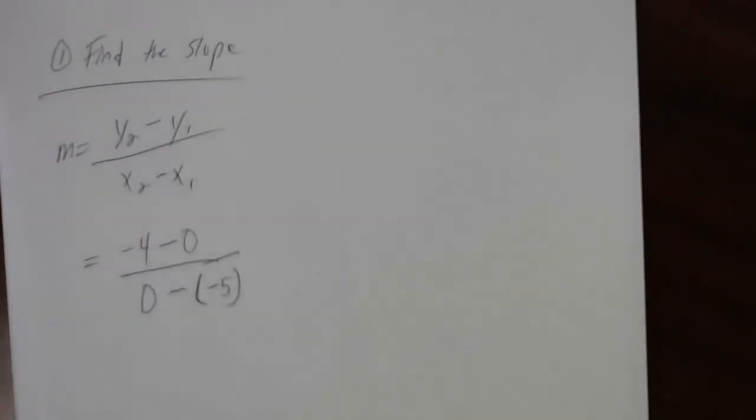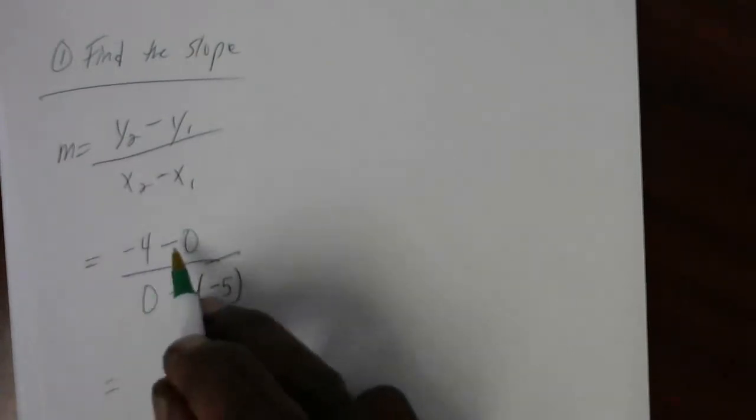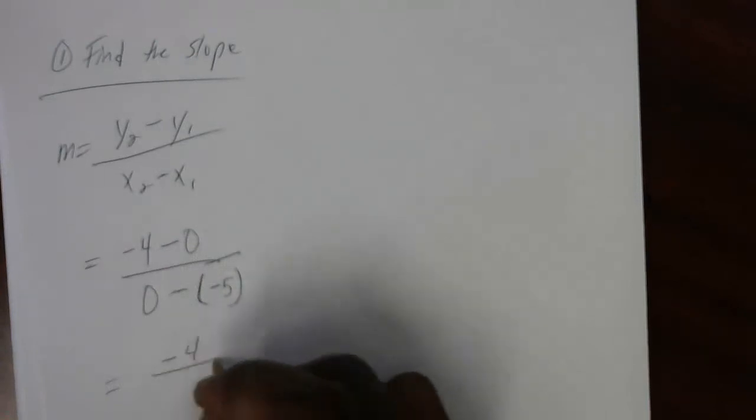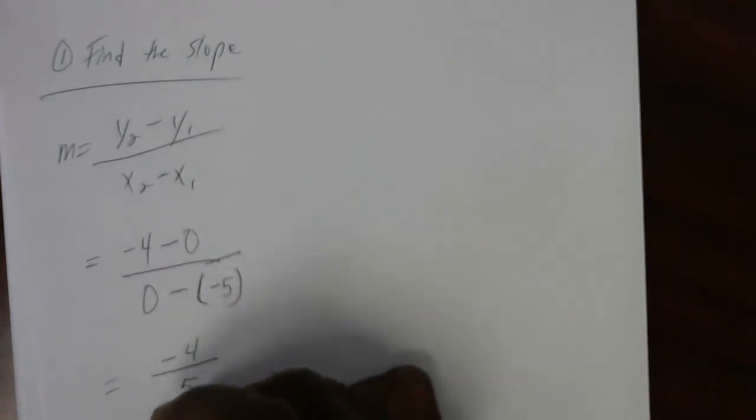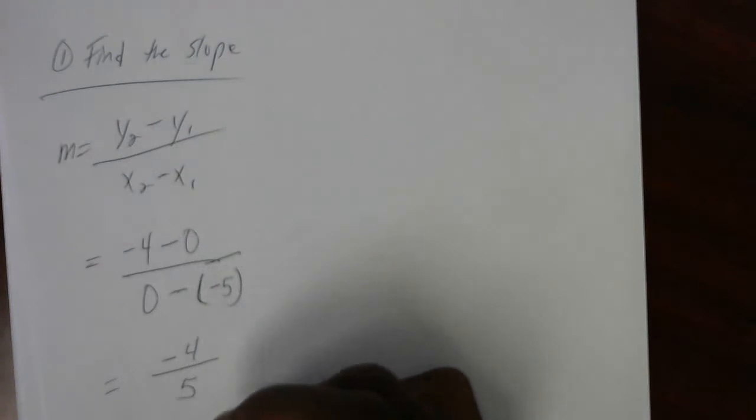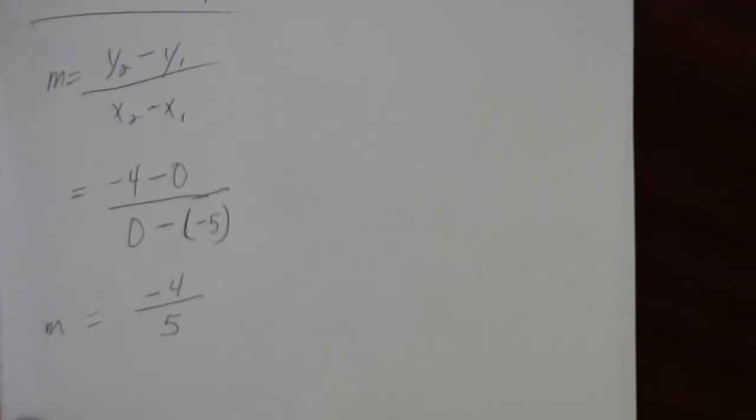You must be careful with your operations and your signs. In the numerator, we have a -4, and in the denominator, that double negative makes a positive. And we have our slope, -4/5.